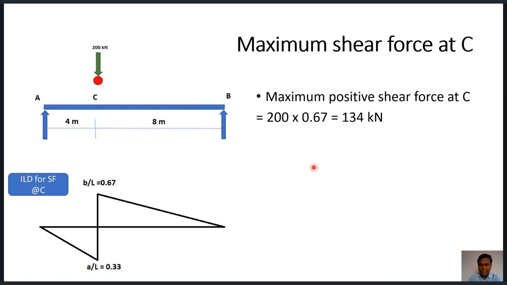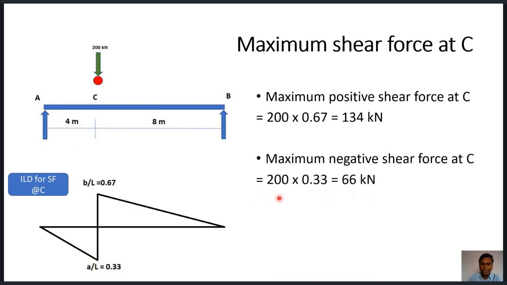To get this maximum negative shear force, we need to place this 200 kilonewton again at C, but now in this case it will be just left of point C. So when you place this 200 kilonewton just left of point C, you need to consider the ordinate that is equal to 0.33, which is on the negative side. Hence you have maximum negative shear force as 200 into 0.33, that is equal to 66 kilonewton.